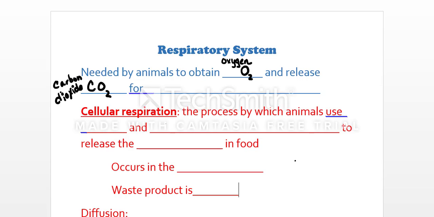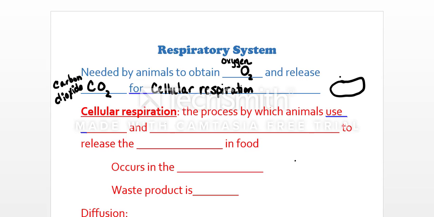And the reason that we need oxygen and we release carbon dioxide is because there's a process called cellular respiration that happens in each and every one of our cells.